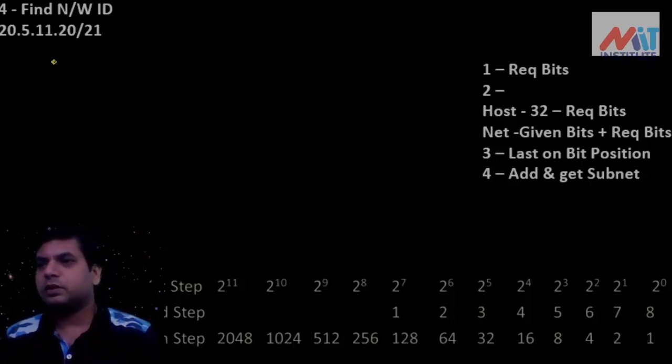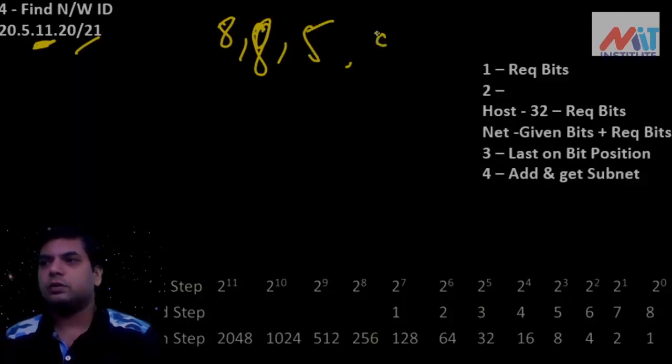So I told you earlier in the previous example what we need to do: take the /21, find the last on bit: 8, 8, 16 and 5. Okay, with 5 we need 8.